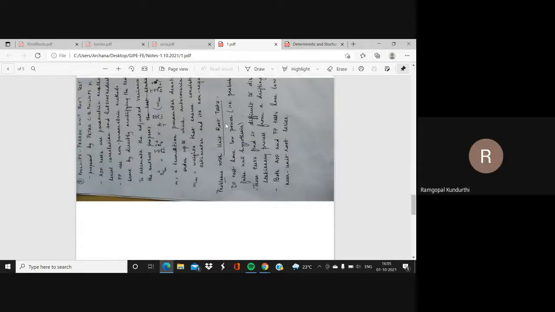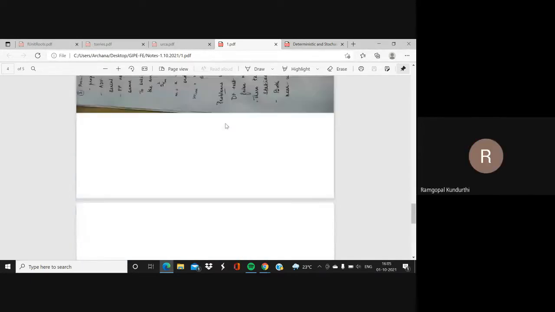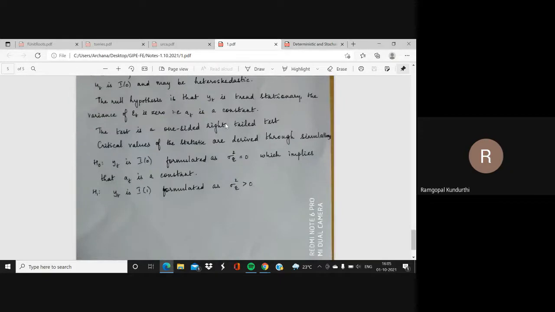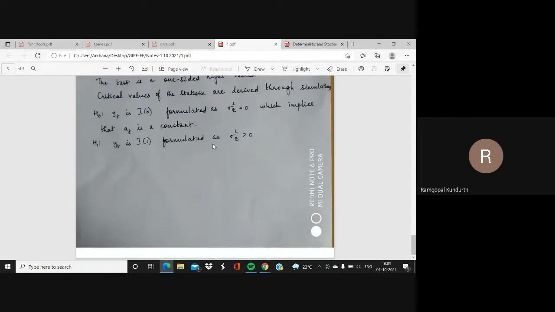Ma'am, one question, please. In these ARIMA models, we have not looked at an independent variable as such. We're only talking about a variable autoregressive on itself, right?